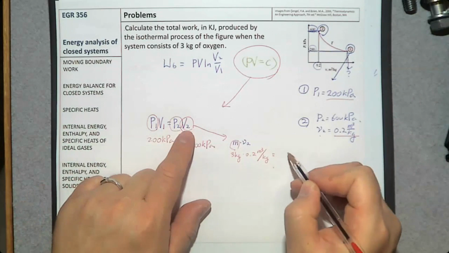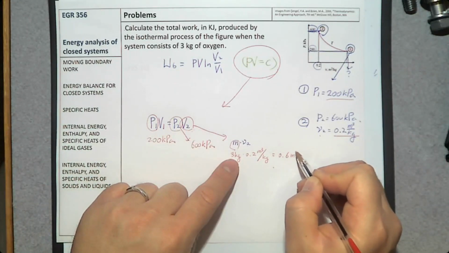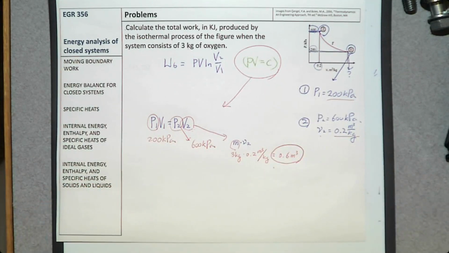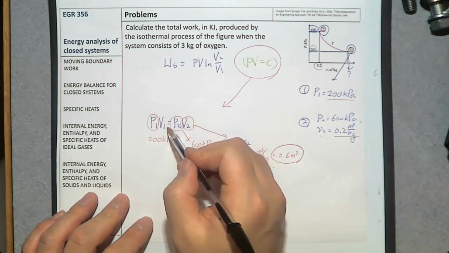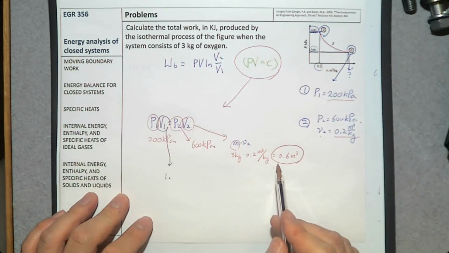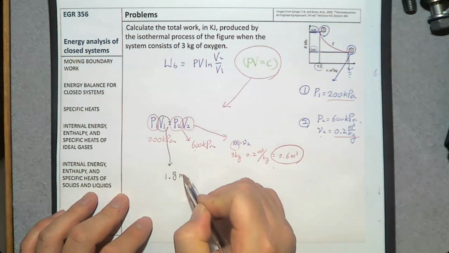So the actual volume at the final state is going to be 0.6 cubic meters. Then, can you determine V1? Yes, we can. If you solve this equation, we get V1 that is 1.8 cubic meters.